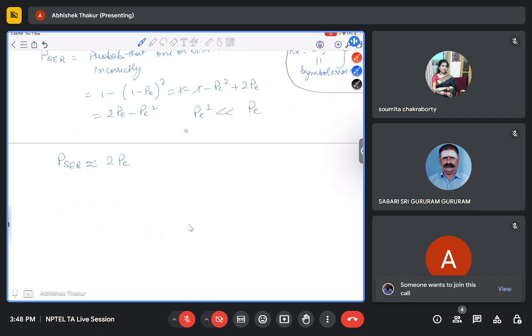The net symbol error rate is twice the bit error rate.